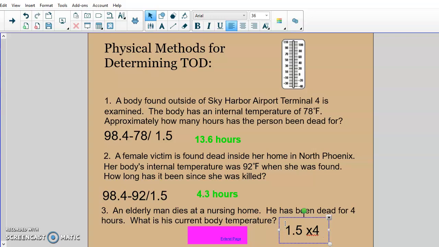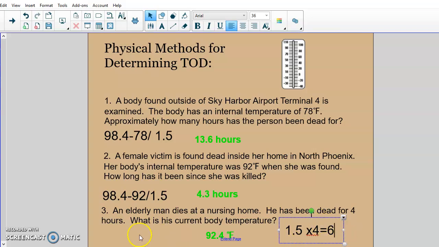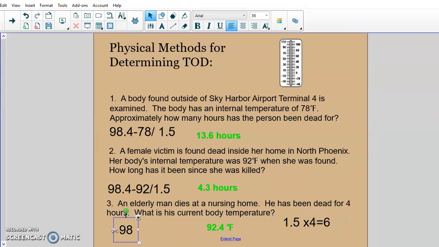So he's lost 6 degrees, and then you would just take your 98.4 minus 6, and you should get 92.4 degrees. Okay, so his body temperature would be 92 degrees if he's been dead for 4 hours. All right, so that's the Glaister equation.